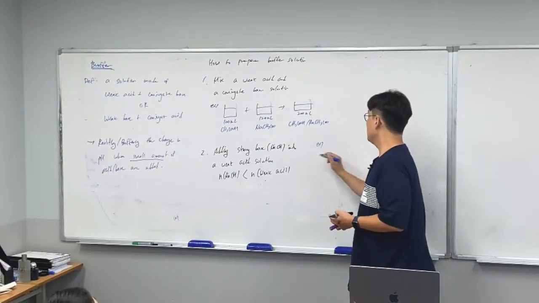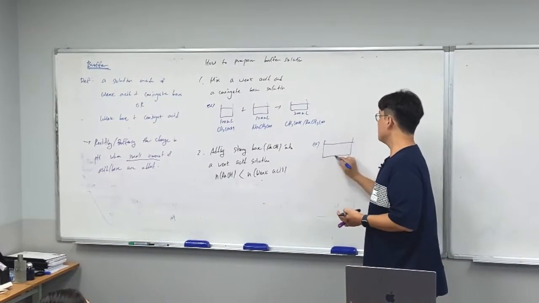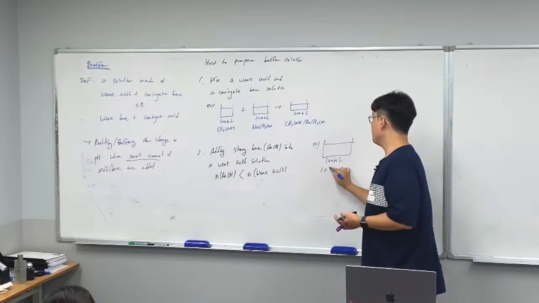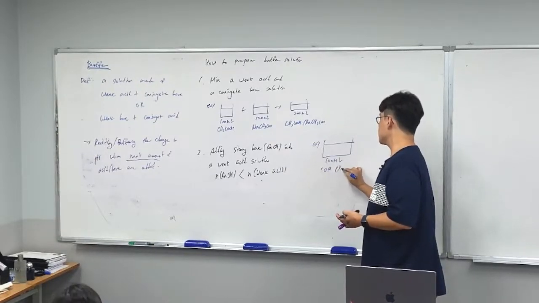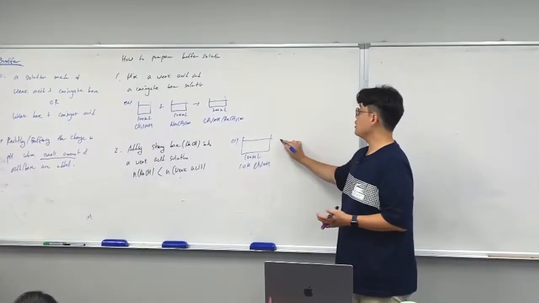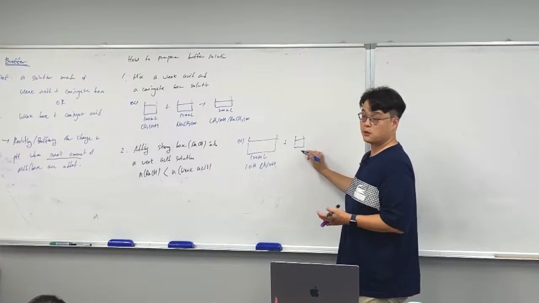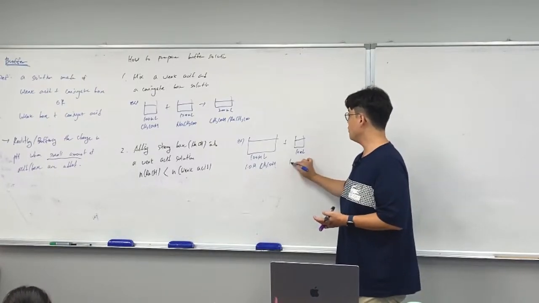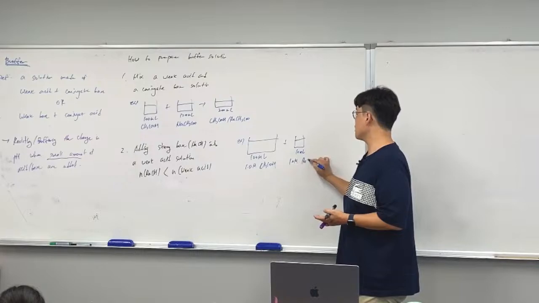For example, assume that we had 100 mL of 1.0 molar acetic acid. What I do here is I'm only adding a few drops, say 10 mL of 1.0 molar sodium hydroxide.